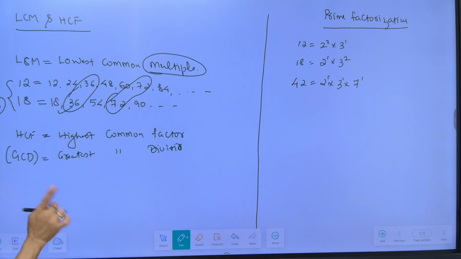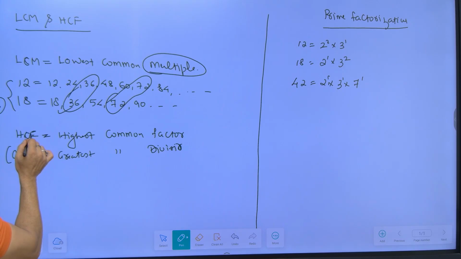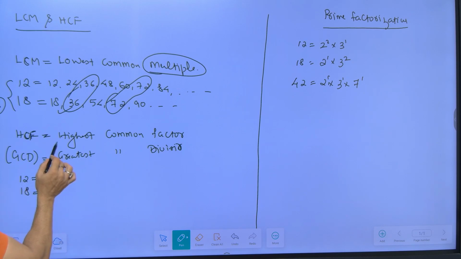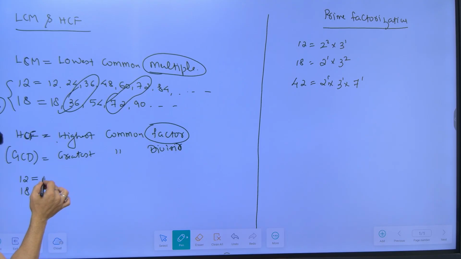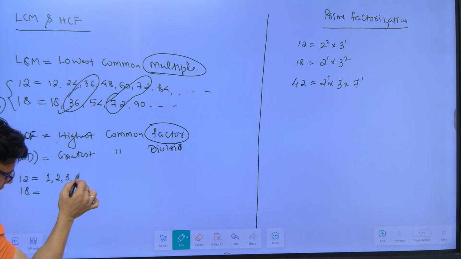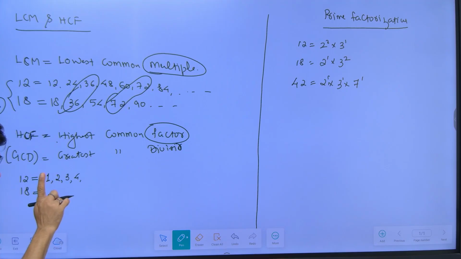This is the concept. You should not use this method; you should just know what LCM and HCF are. Next is HCF, called highest common factor, also called GCD. Let's take the two numbers 12 and 18 again. For HCF, I have to write the factors of these numbers first. Factors are those numbers which can divide the number. Which numbers can divide 12? 1 can divide 12. Can 2 divide 12? Can 3? Can 4? Can 5? 6.